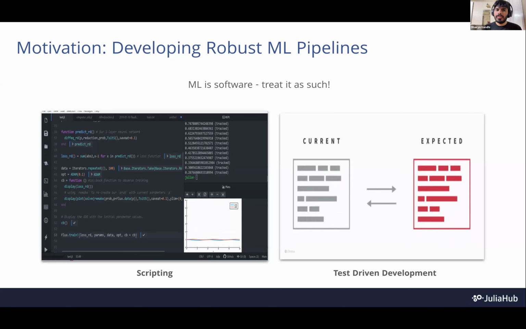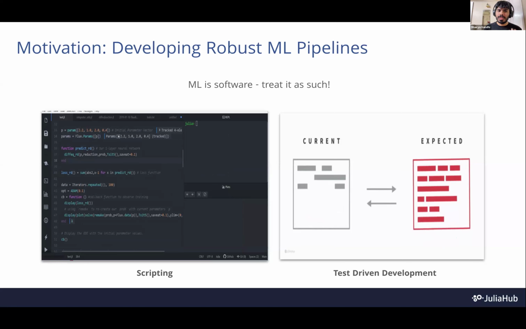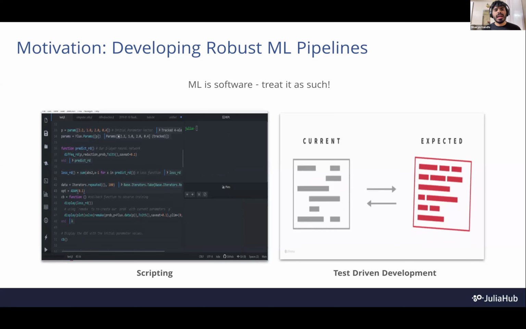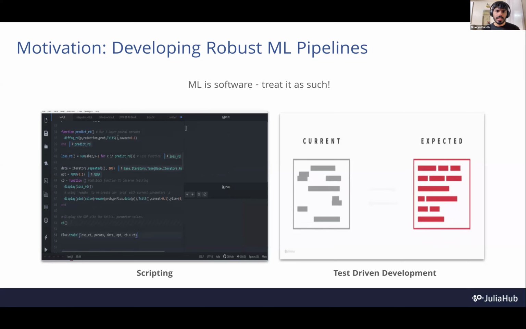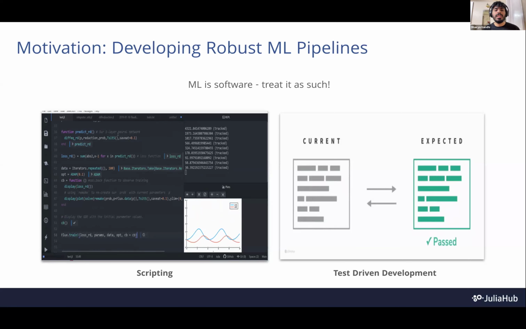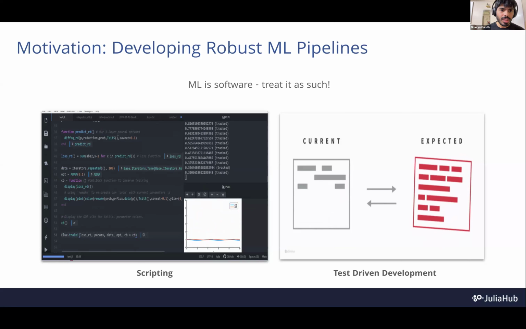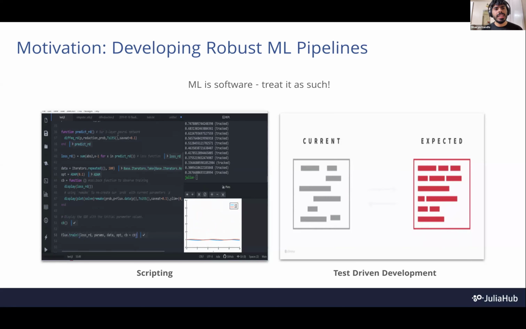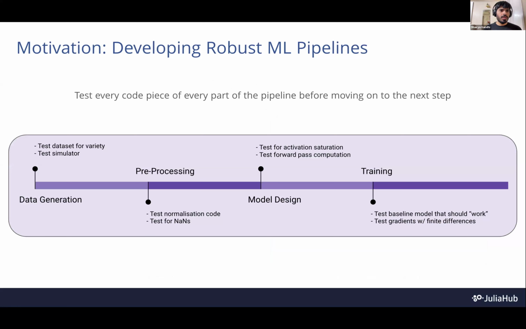On the left, we see something which is very script based, but on the right, we have something which software development has produced over time, which is test driven development. We write code, we test it against its expectations, and then we modify it until those expectations are met. So we want to bring that philosophy into machine learning.